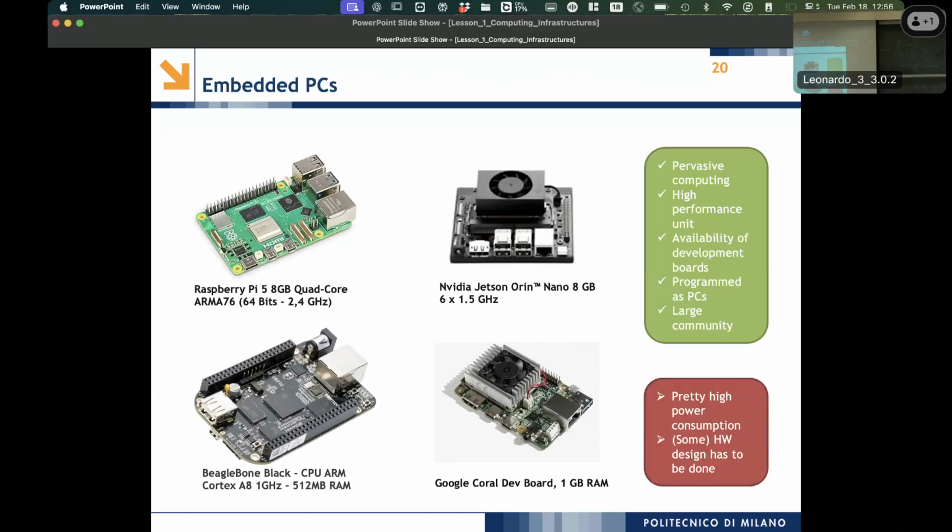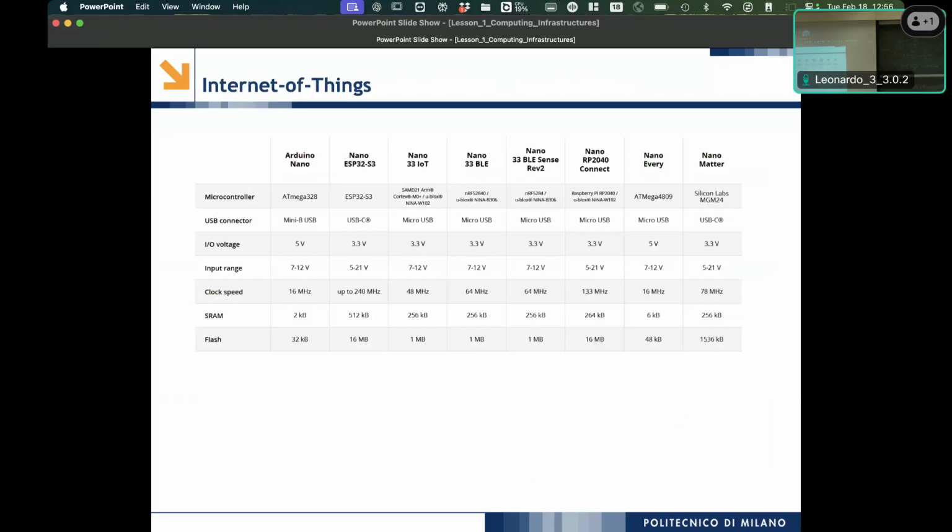If we go to the other class, the microcontrollers we have in the Internet of Things, we have a few megahertz of clock speed, and we have severe limitations in terms of memory.